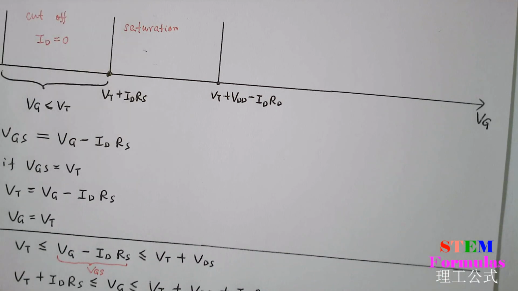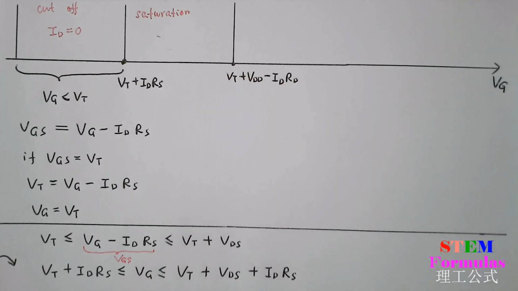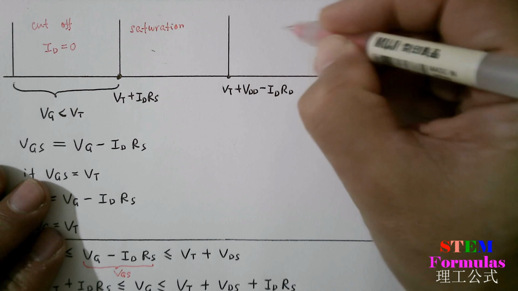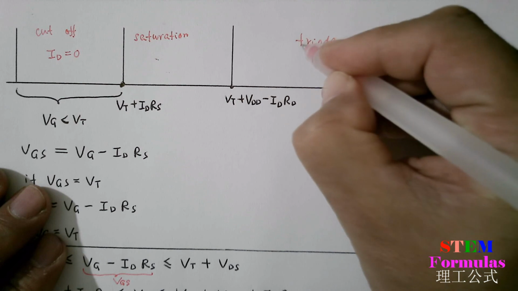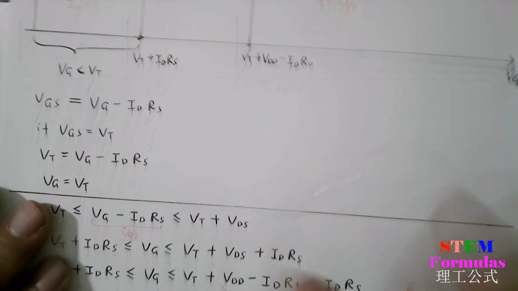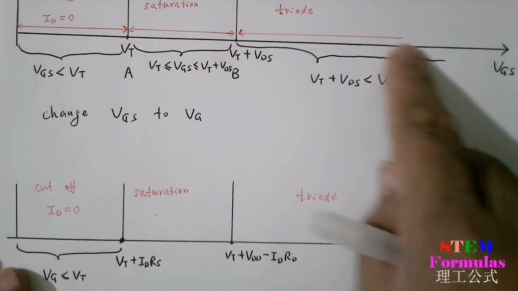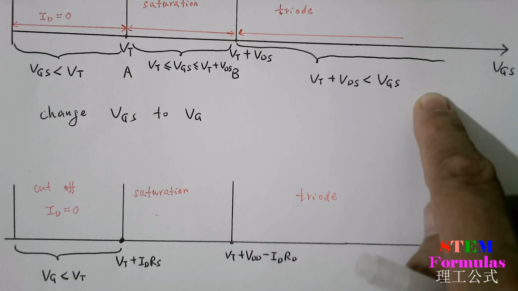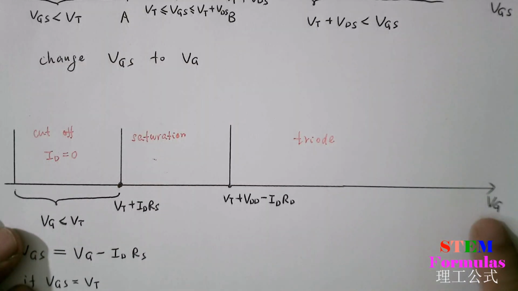Now for the triode region, this is the triode region. For the triode region, I have triode regions here, triode region here. So I need to translate this equation to the equation VG satisfies.